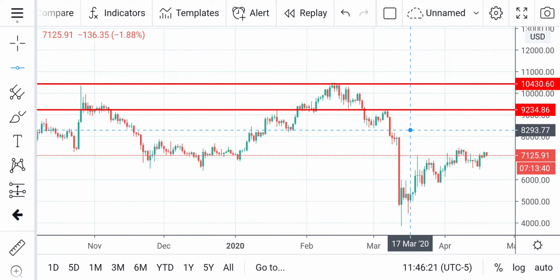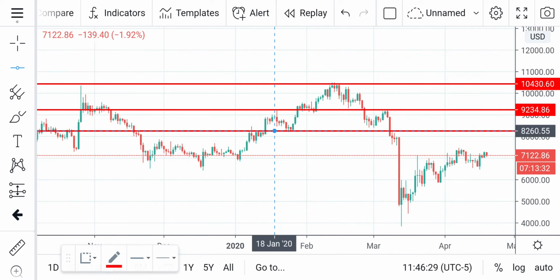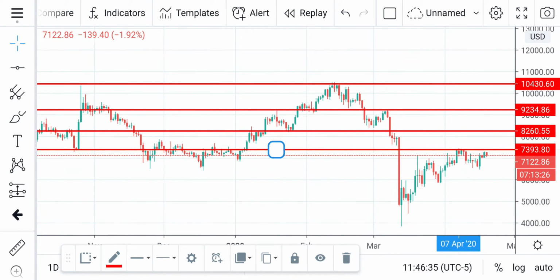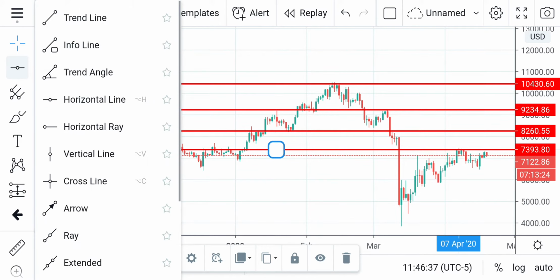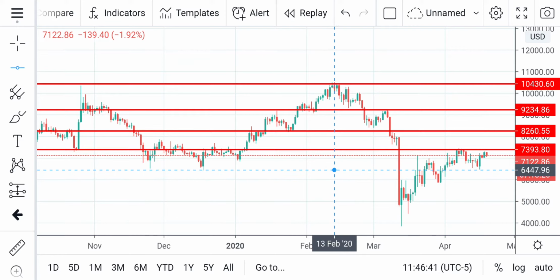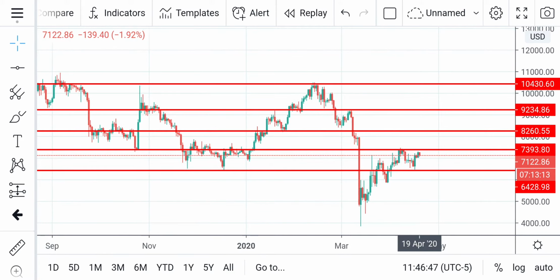You have another level over here. Over here you have another level. So that's how you draw your supports and resistance.